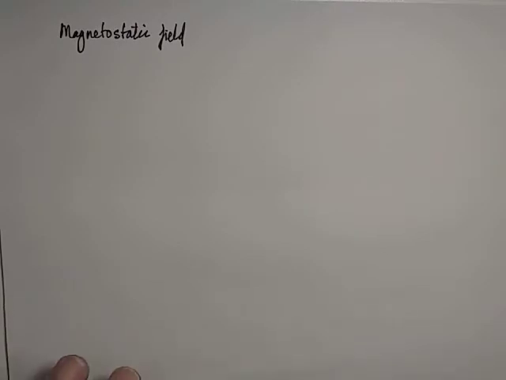So as we're going to see later on, the approach of learning this new field will be similar to what we have encountered when we talked about electrostatic field. In terms of approach, in terms of flow of the information, it's going to be exactly the same.